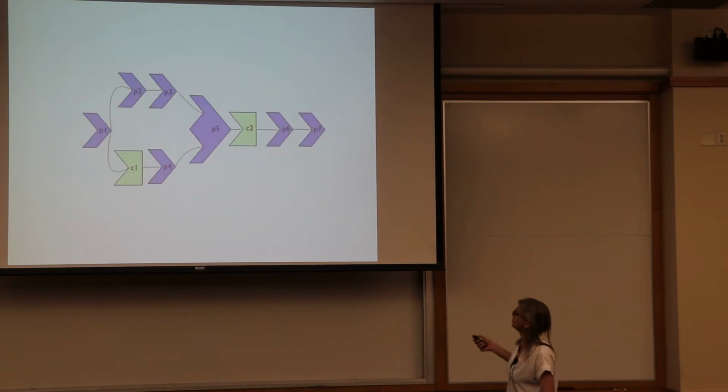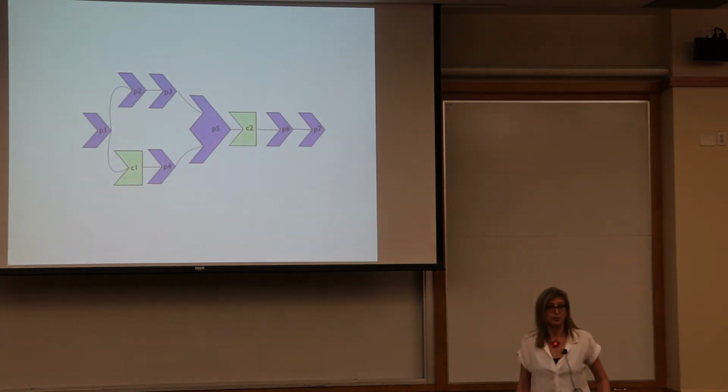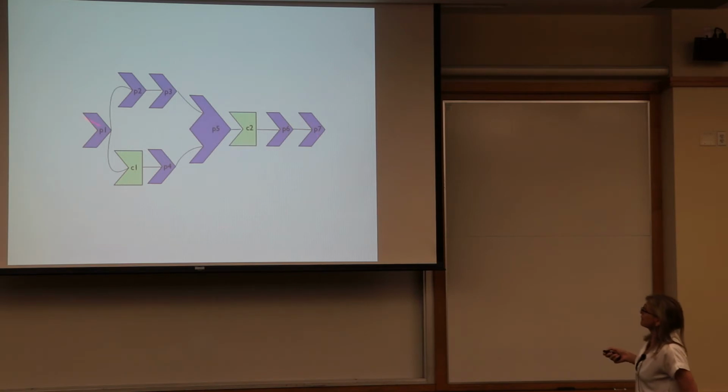So just an example of the effect fusion has. Let's say this is a program, so we have producers here, and the green fields are consumers. One producer produces two arrays, one consumed by a consumer, and then the result passed into the producer.